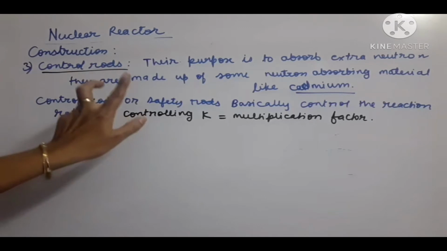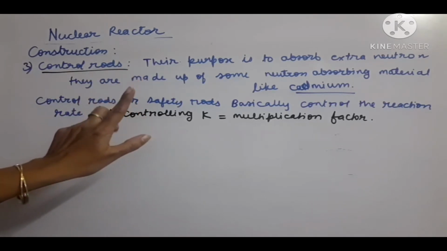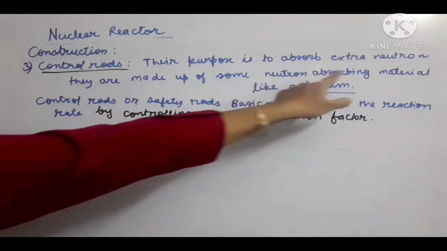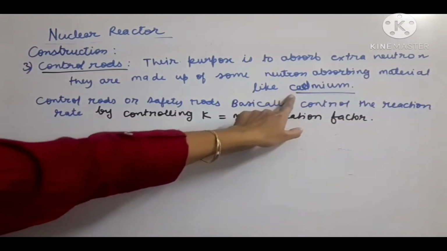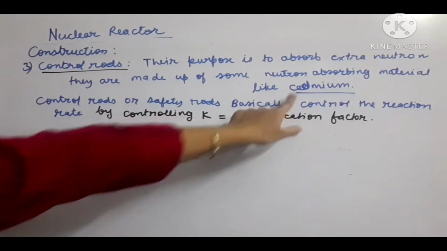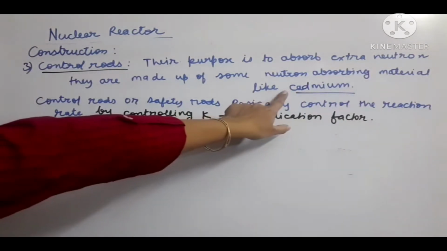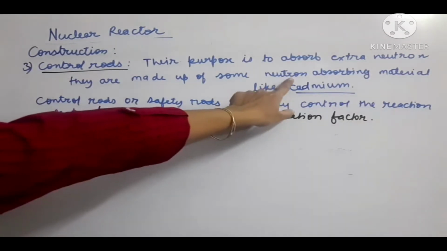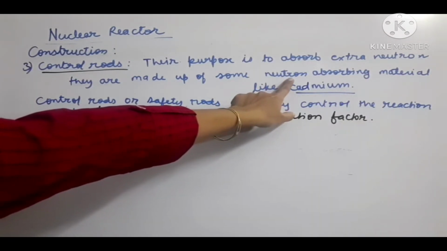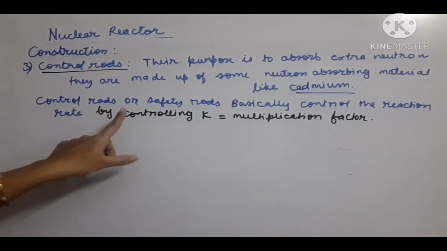So these 2 extra neutrons are to be absorbed. For that we need to take some neutron absorbing material like cadmium. The rods are made up of cadmium. Their property is that they can absorb neutrons easily.